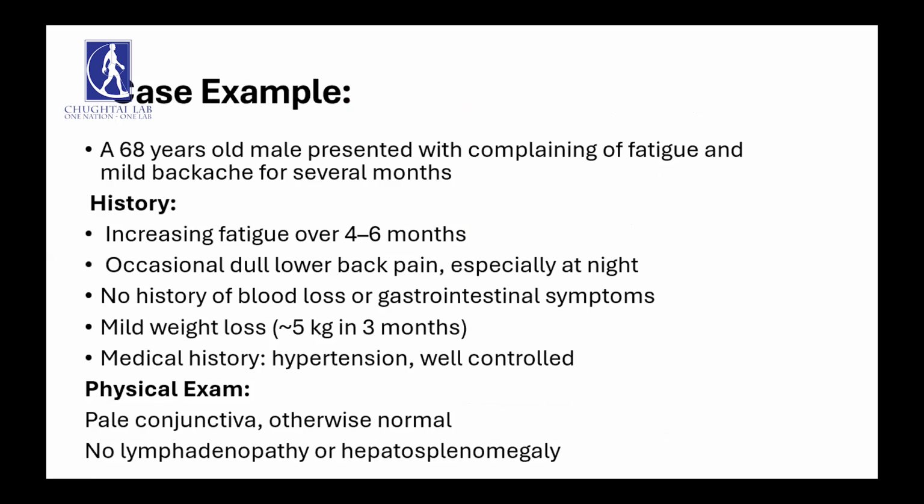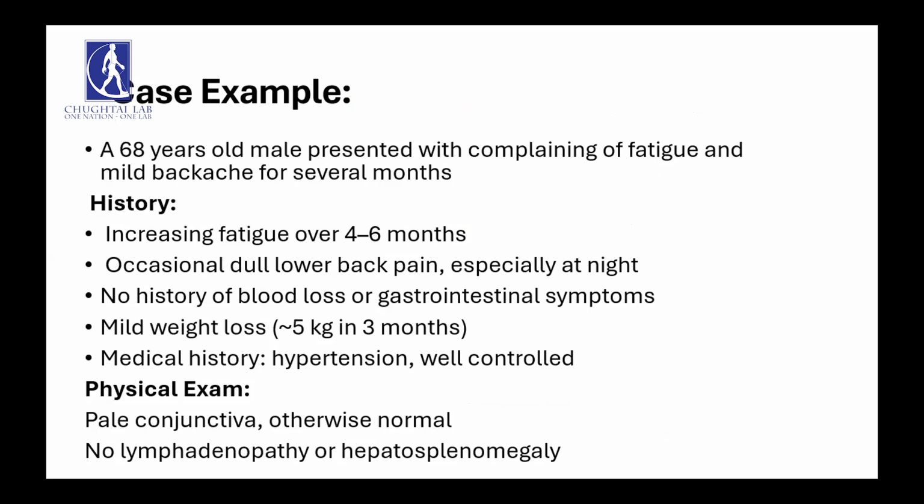So let's summarize the whole presentation through a case-based example. A 68 year old male presented complaining of fatigue and mild backache for several months. His detailed history includes increasing fatigue over 4 to 6 months, occasional dull lower back pain, especially at night, no history of blood loss or gastrointestinal symptoms, and mild weight loss, which is 5 kg in 3 months.